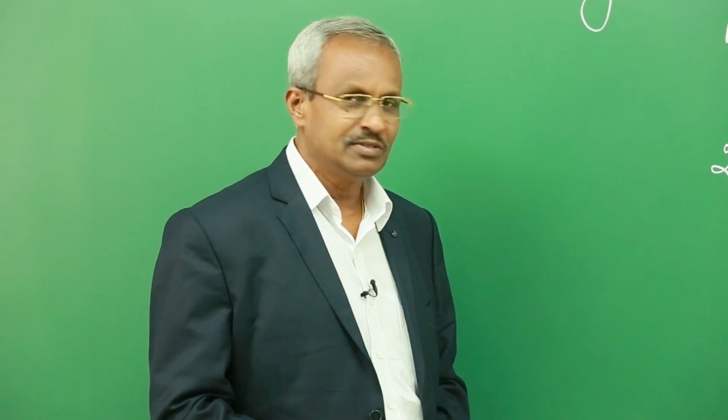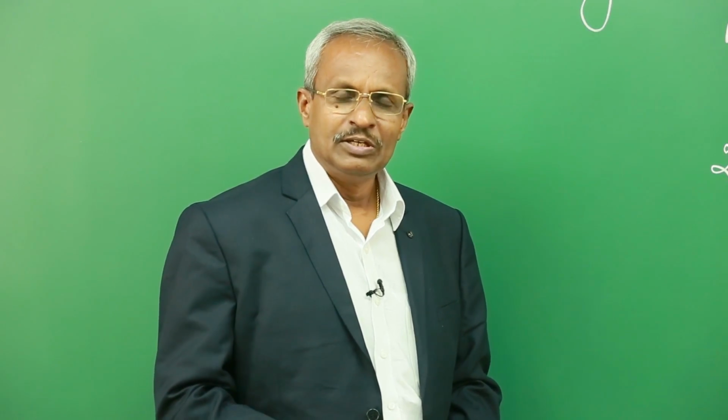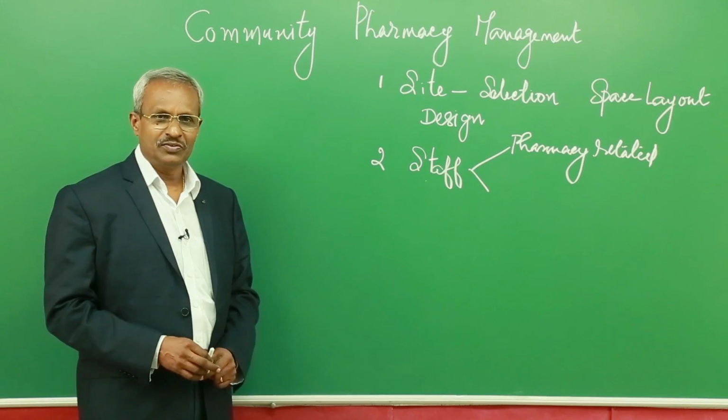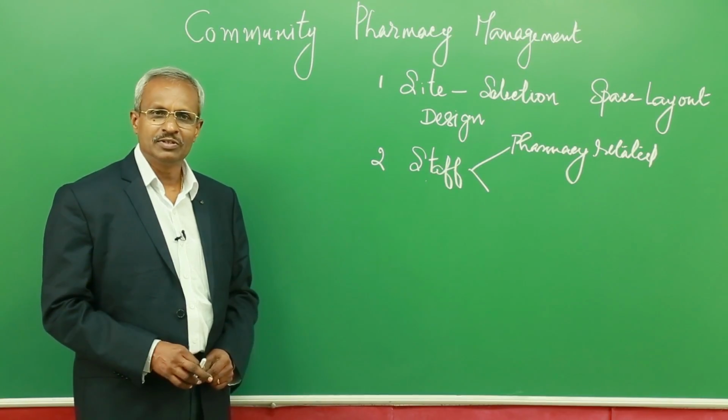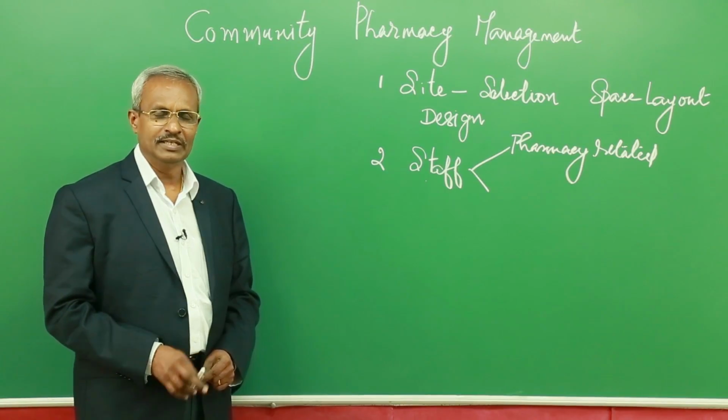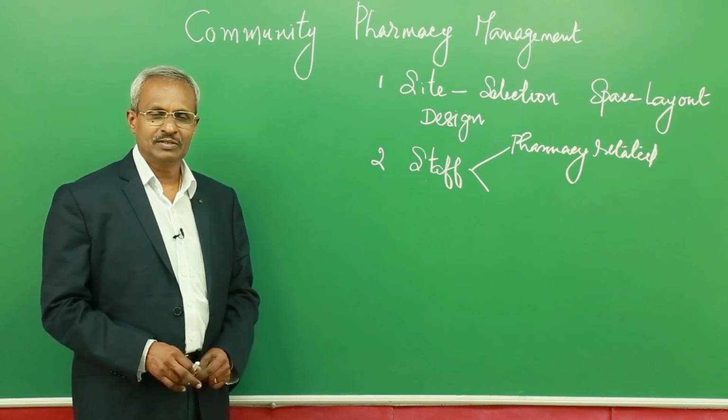They alone are registered, and such registered pharmacists are competent to manage the activities of a community pharmacy. So in the case of staff, the number one aspect is the pharmacist, and that too a registered, educated, competent pharmacist should be there. And what is the need of these pharmacists?